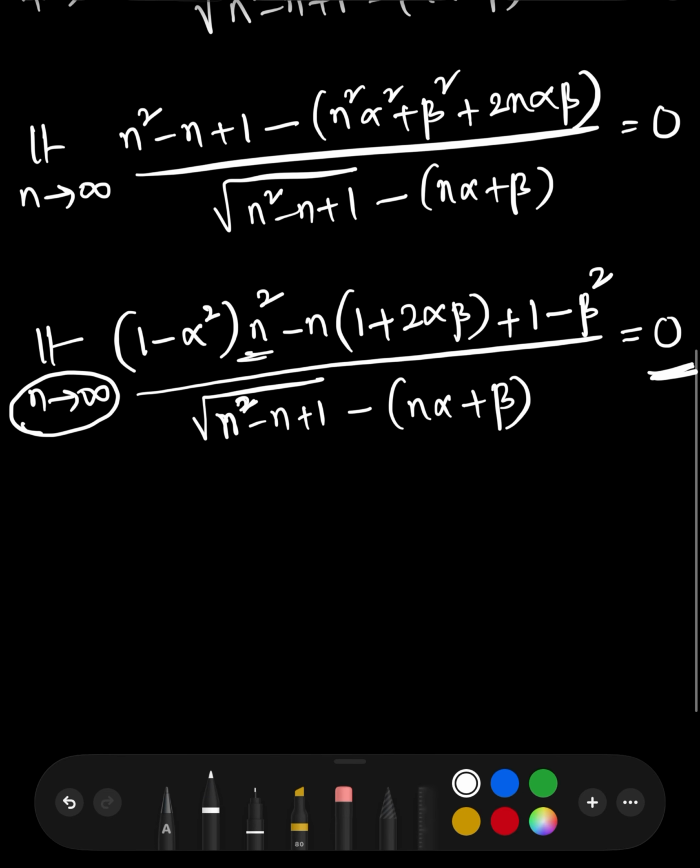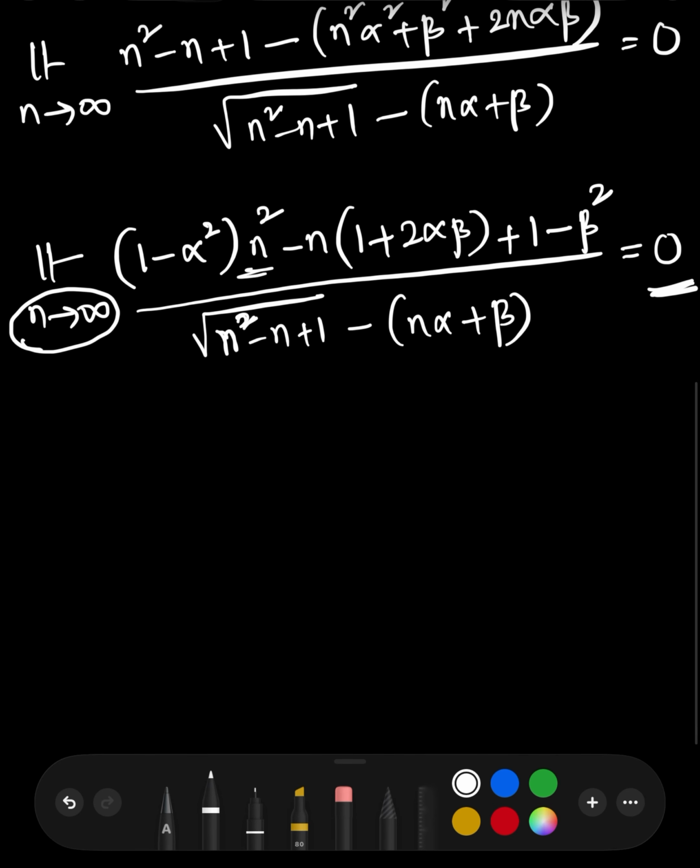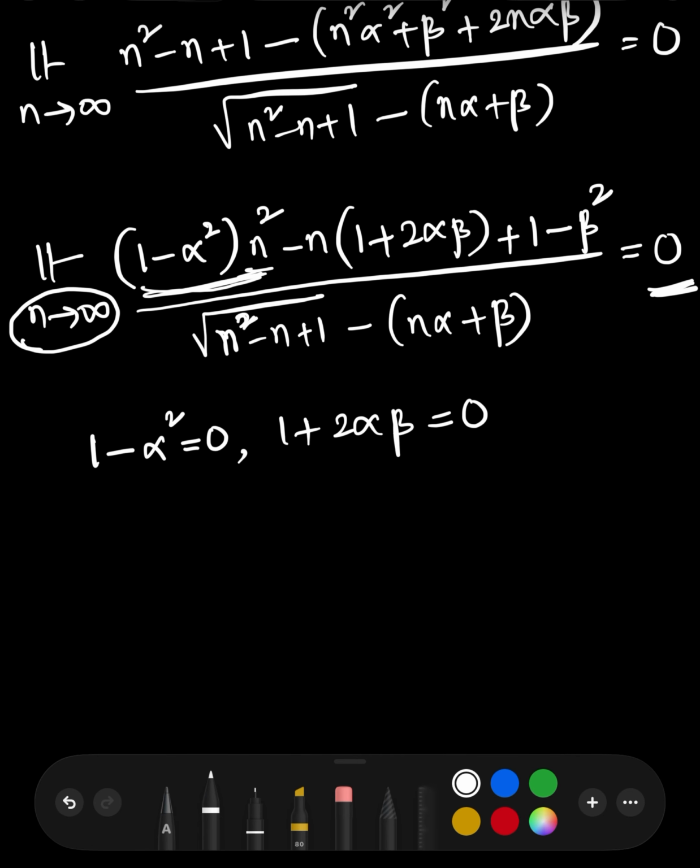So keeping that in mind, to make the numerator degree less than the denominator degree, I can equate 1 minus alpha square equal to 0, because n cannot be equal to 0. If 1 minus alpha square equals 0, that whole quantity becomes 0, and 1 plus 2 alpha beta is also equal to 0.